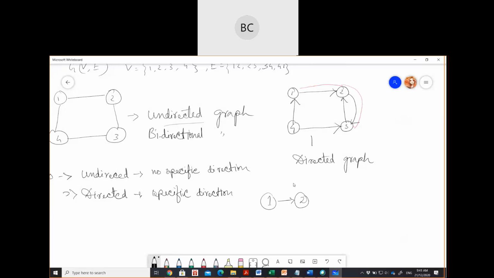That's the path. You have a source node, where you want to start, and a destination. The path is just a sequence of nodes connected by edges. Here also it is the same: to go from 1 to 3, there is a path through 1, 2 and 3.